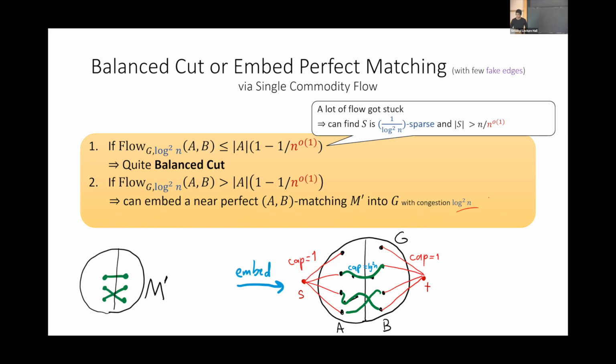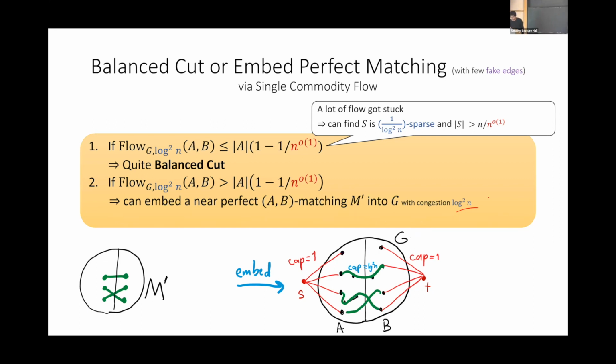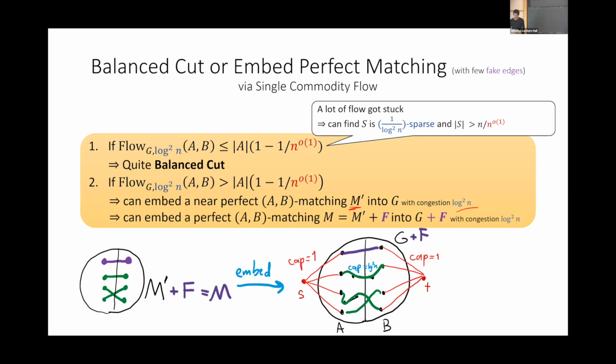We can also say that instead of embedding a near perfect matching M prime from A to B, you can actually embed a perfect matching M with some fake edges F into G plus F. Right, I'm doing nothing here.